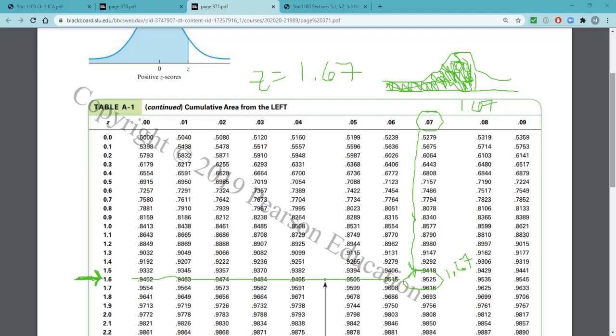And this is telling us the probability or the percentage of data that is less than whatever data value lies at z equals 1.67. So I can see that 95.25% of the data lies to the left.